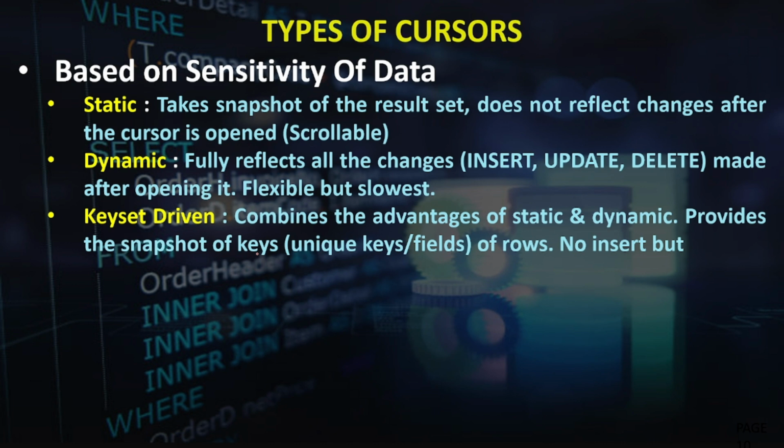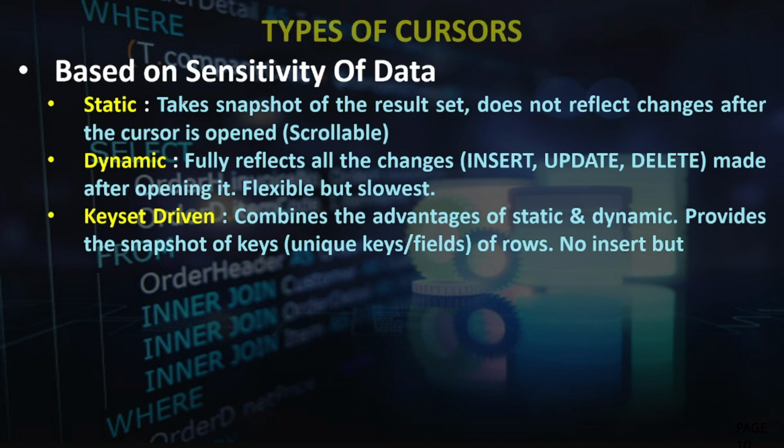Next is the basis of sensitivity of data. It means that if you are working on a cursor, you have already taken a snapshot of the table. Let's say your table has 5 records, which we have seen some time back. Once you create the cursor, it will take the snapshot of all 5 records and start processing. During that time, if any changes take place on the source data, what will happen? This is a bigger question.